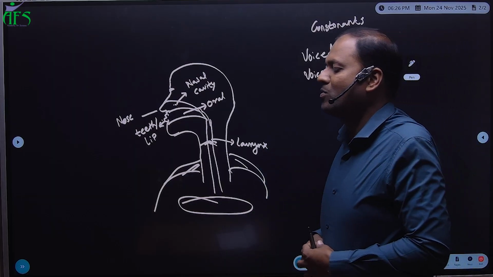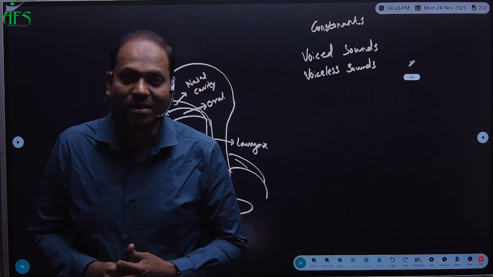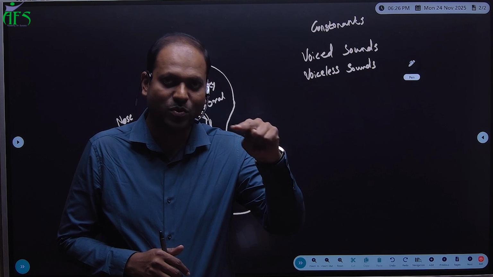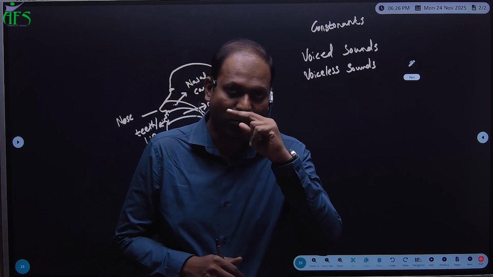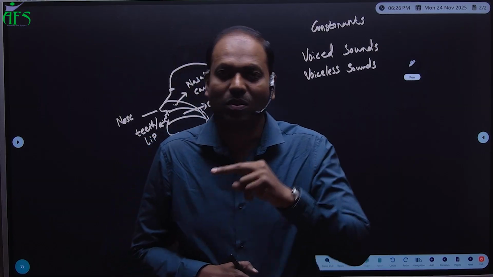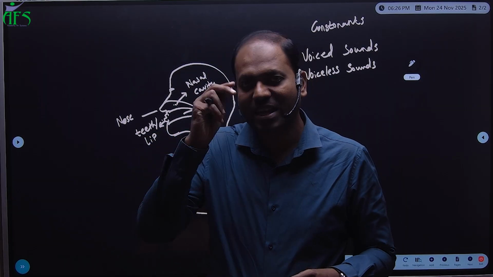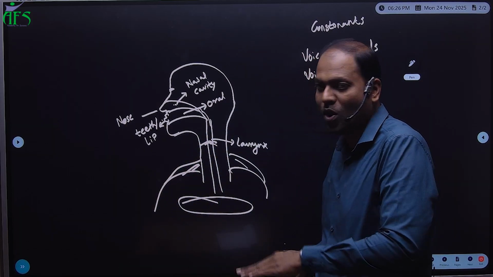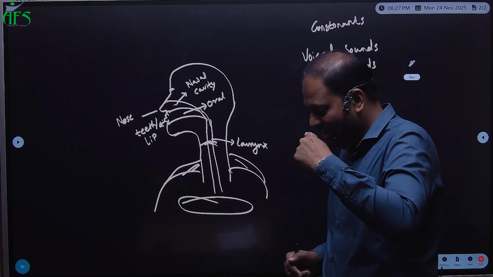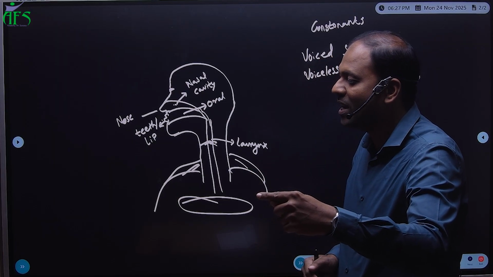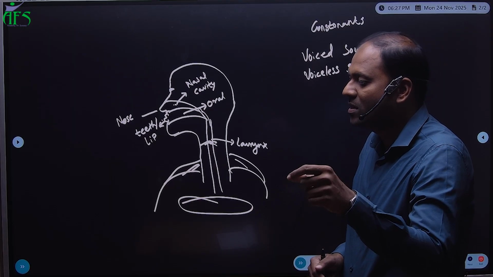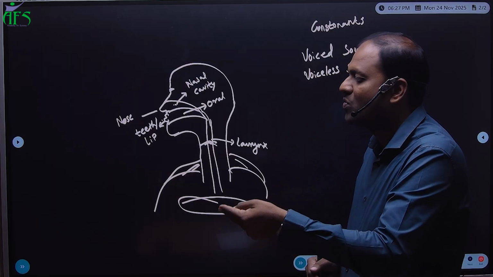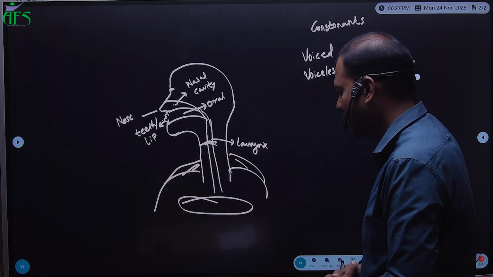For example, when you say the sound m, you can keep your two fingers in front of the nose and utter the sound m. You can feel the air stream flowing out through the nasal cavity also. Air passes through the oral cavity at the beginning, but after a fraction of a second, air comes through the nasal cavity also, right?